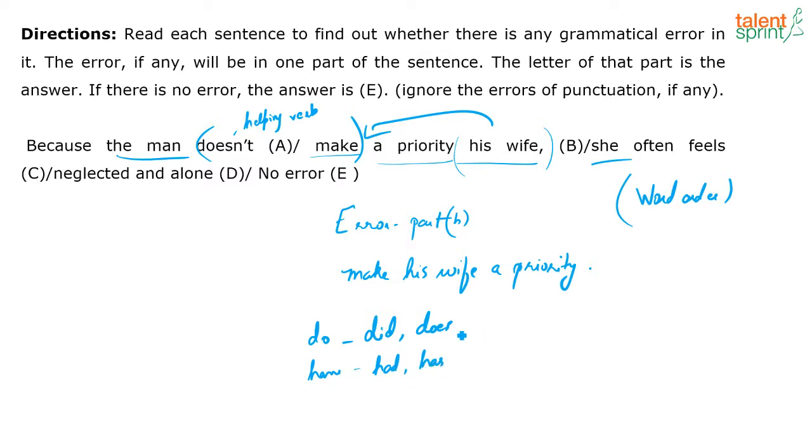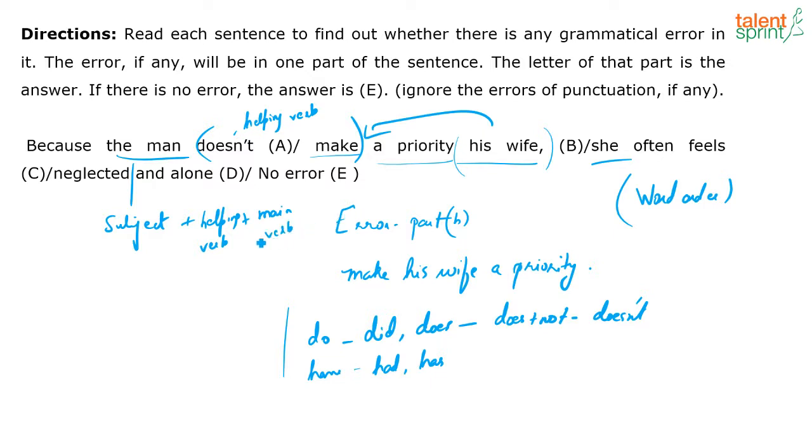Here it is the negative form, does plus not, doesn't. So this is a helping verb, and make is the main verb. So I have the subject, the helping verb, then the main verb. Sometimes there may not be a helping verb. Then the object. The object is the priority.